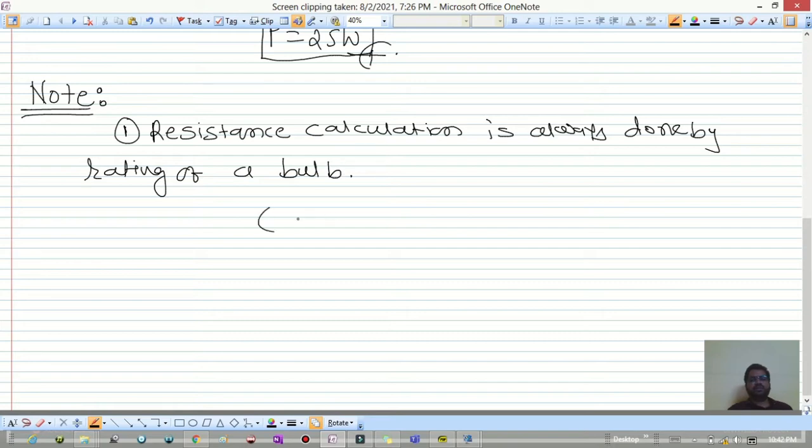They will give some X volt, P watt of power. So resistance is always equal to X squared divided by P.